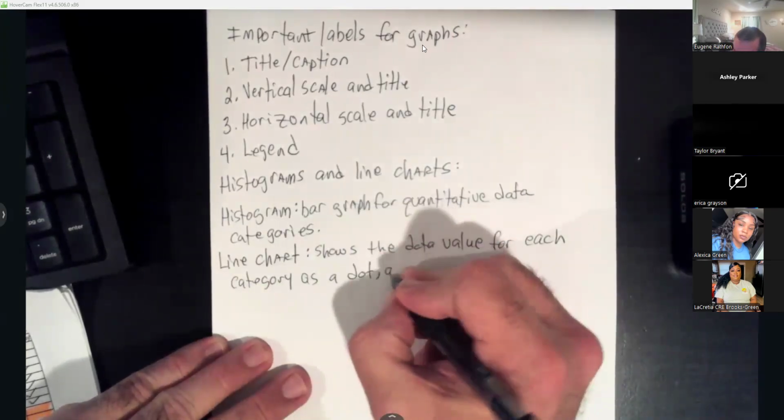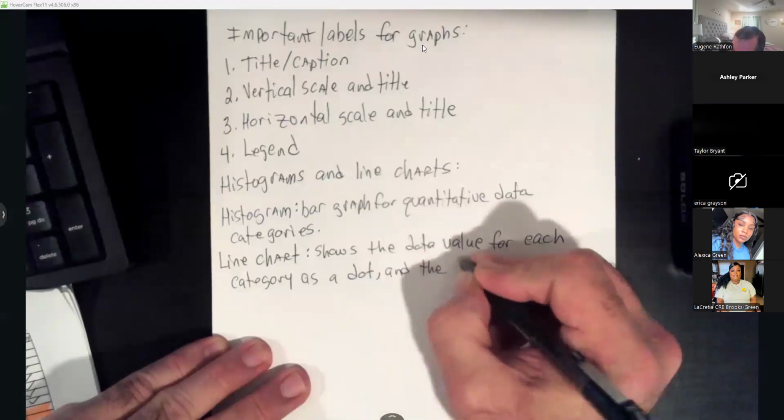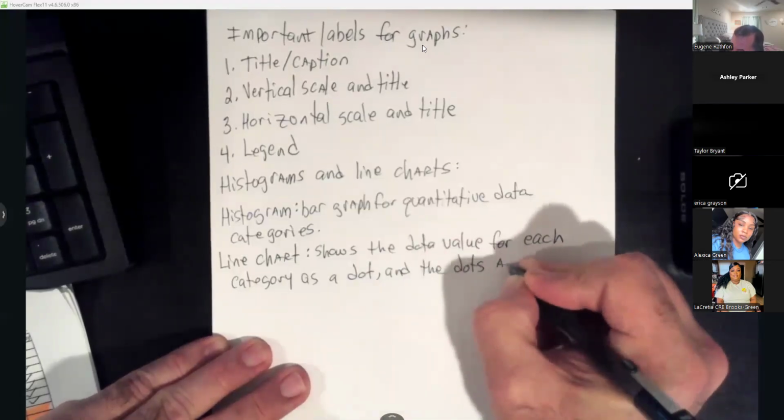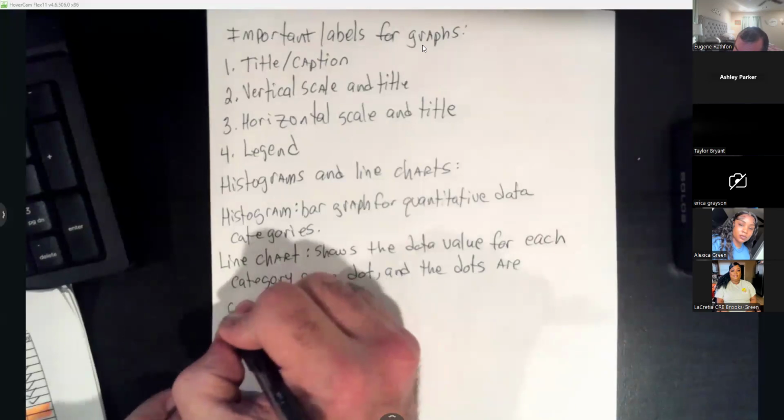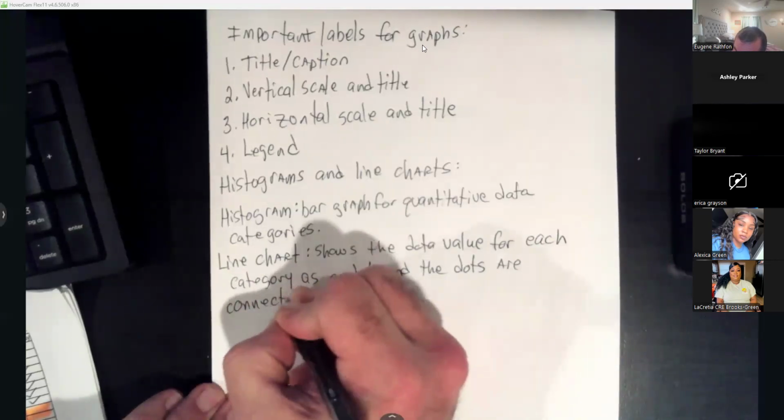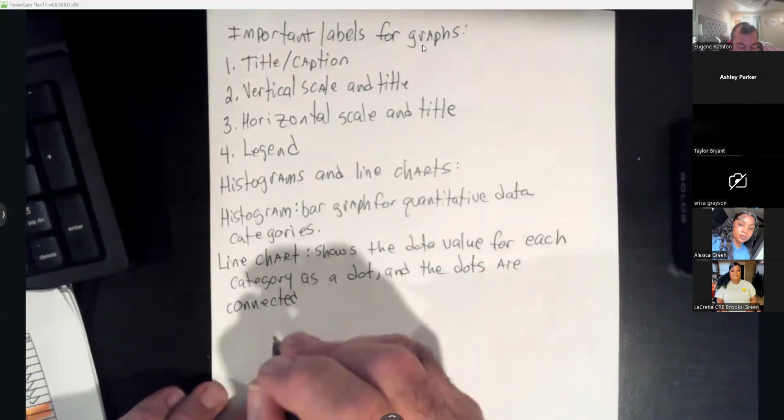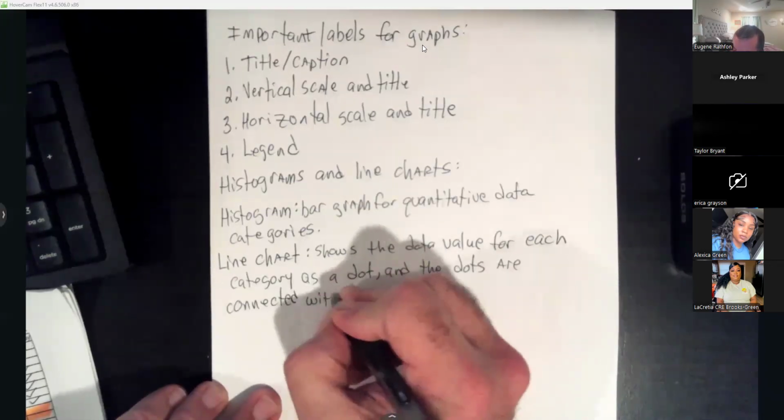And then the dots are connected with lines.